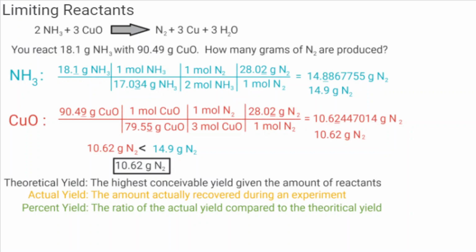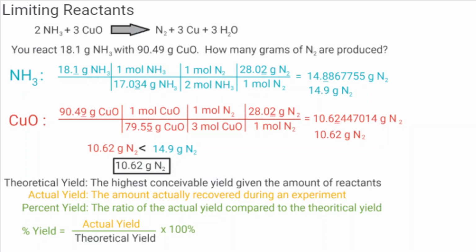And we can solve for it using the following equation, where we have the percent yield is the actual yield, or the amount you truly recovered, divided by the theoretical yield, or the amount you could potentially have, multiplied by 100%.